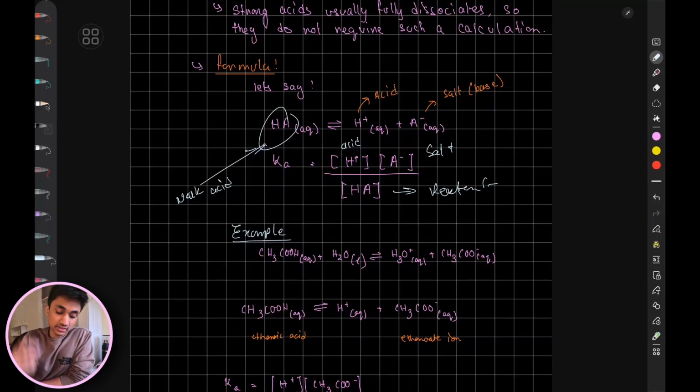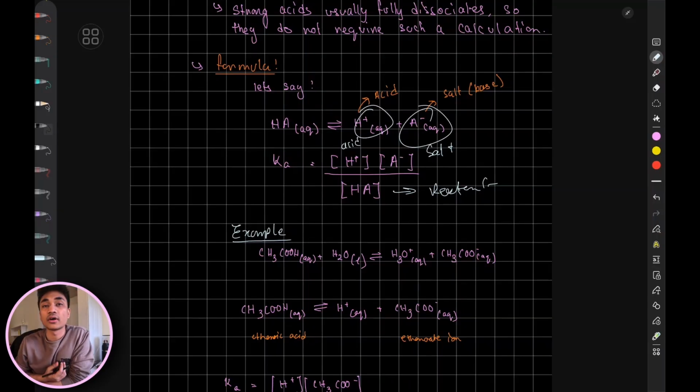And just to let you know, the concentration of the reactant does not change much. It barely dissociates and forms very little of your products.